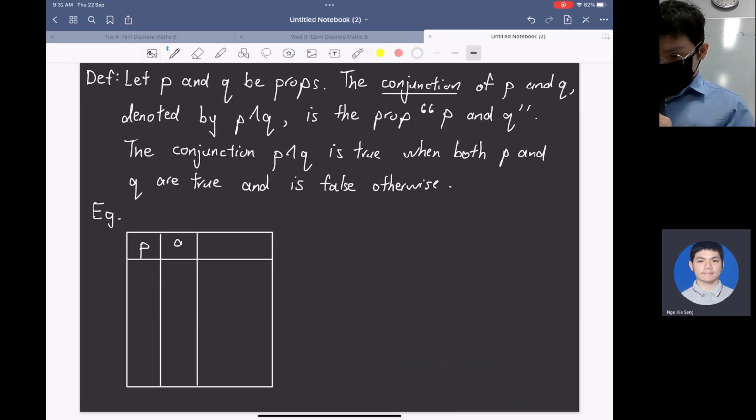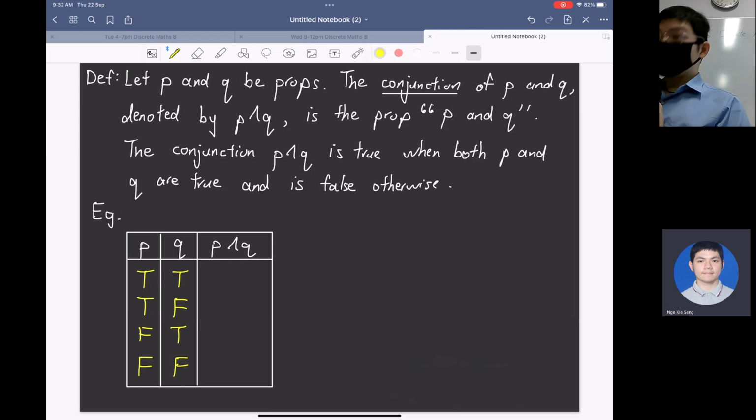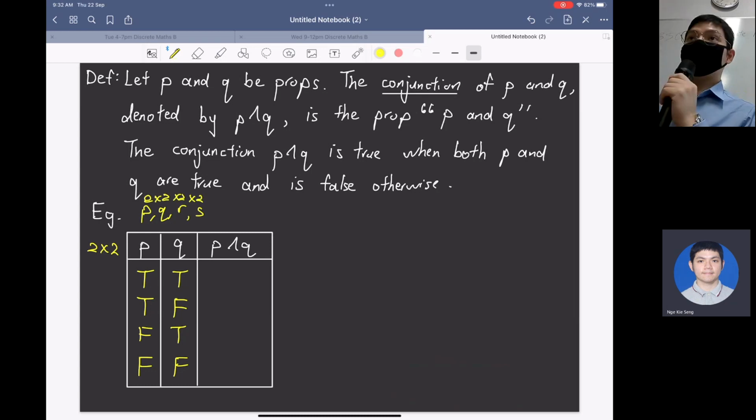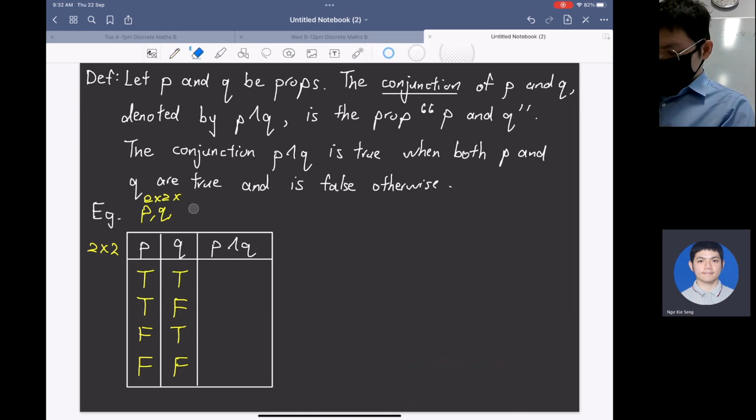So P, Q, P ∧ Q. So you have true, true, true, false, false, true, false, false. So typically you have 2 times 2 possibilities here. And if you have more, P, Q, R, S, and so on, you get times 2 factors from each of them to count the total combinations.